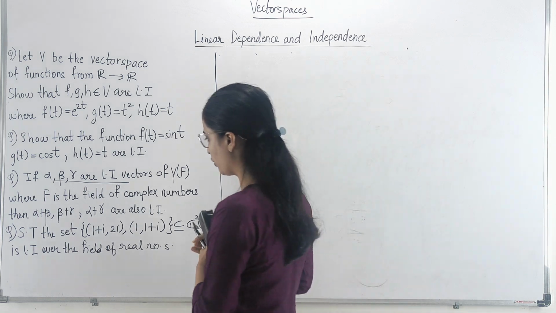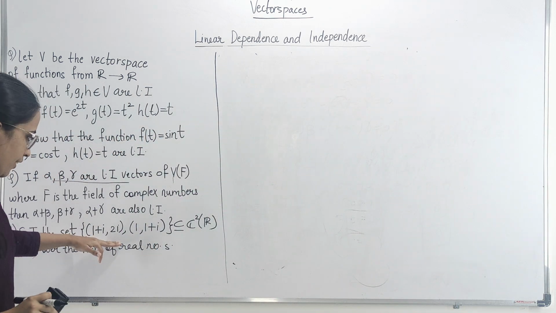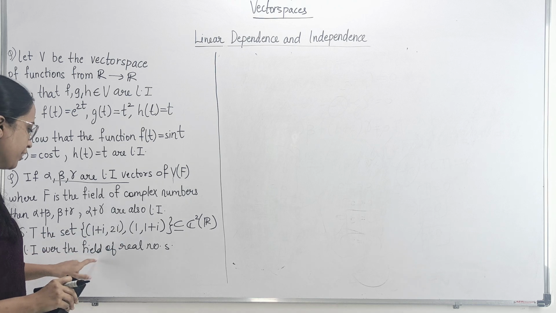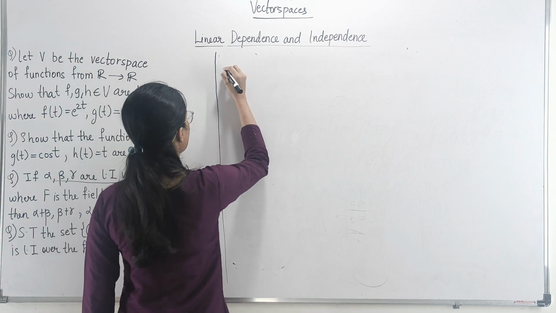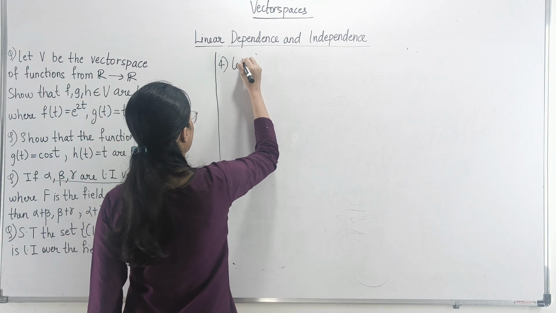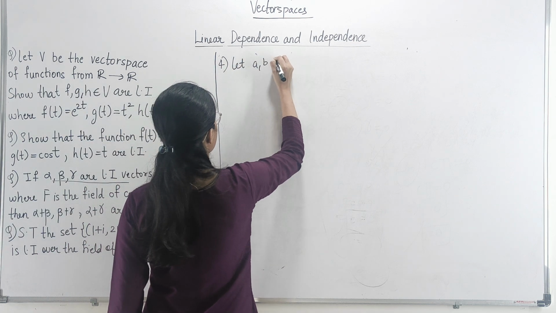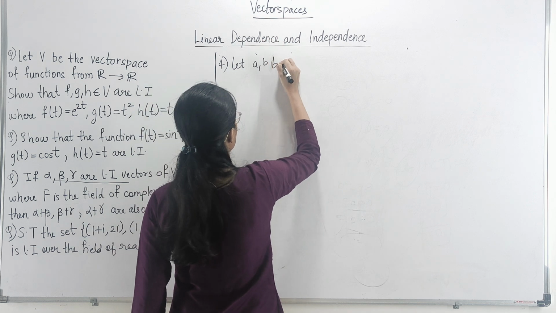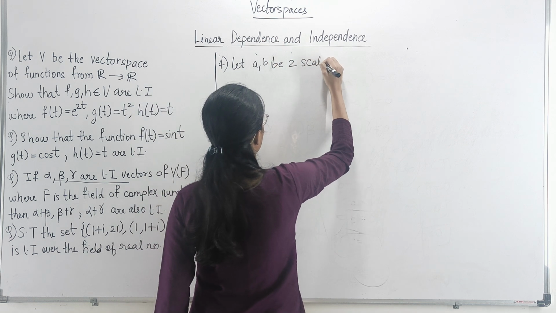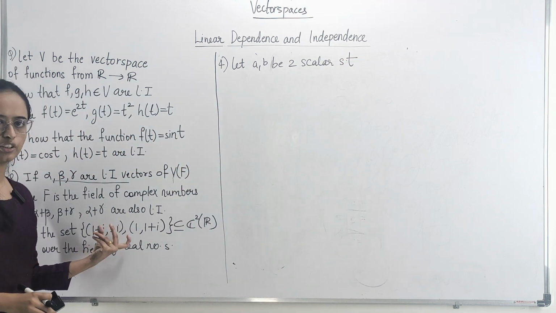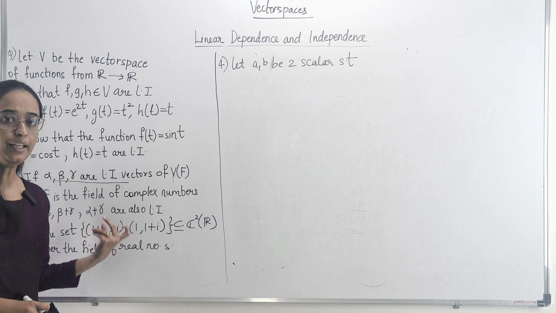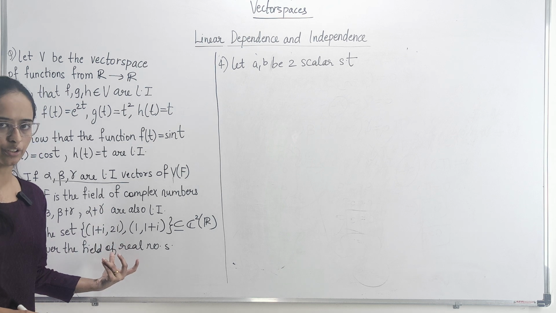So here again you are going to show that this set is linearly independent over the field of real numbers. So again we are going to take a and b to be two scalars such that, now we have to show it is linearly independent, so we are going to take the linear combination of these two vectors only.